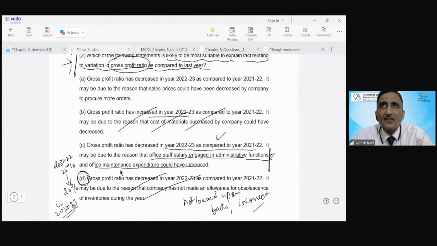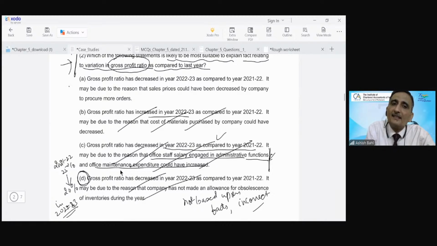Now, office staff salary is not a part of direct expenses. It is an administrative expense. It is charged to profit and loss account. So this option is also wrong. It has no impact upon gross profit ratio.